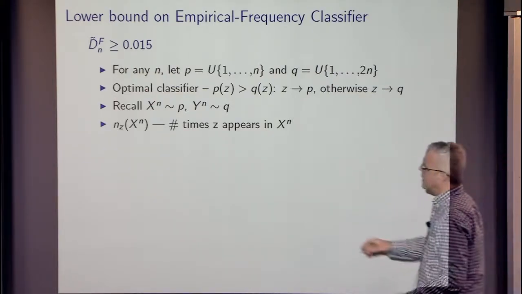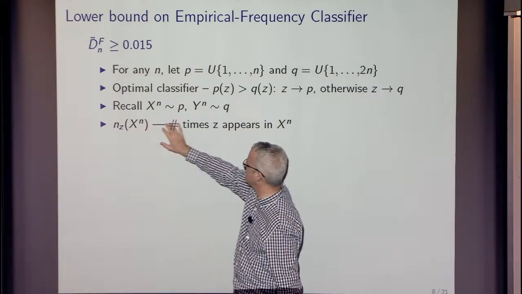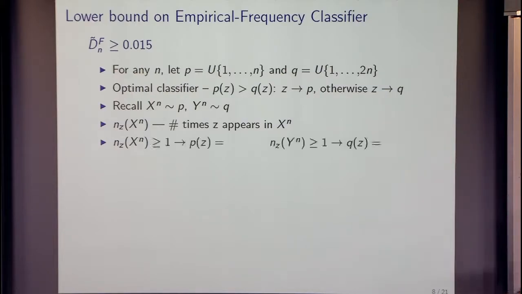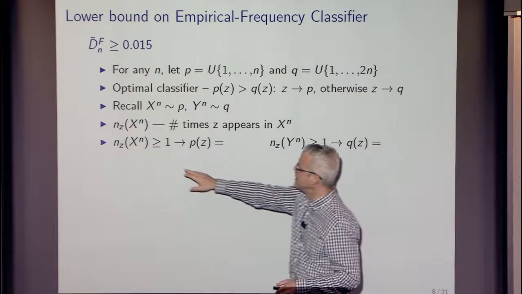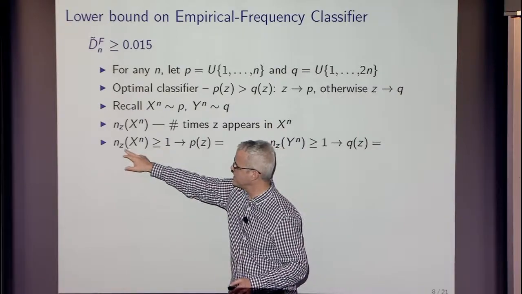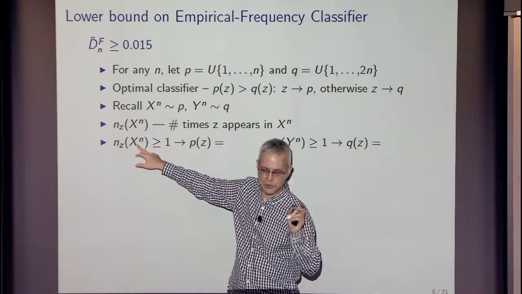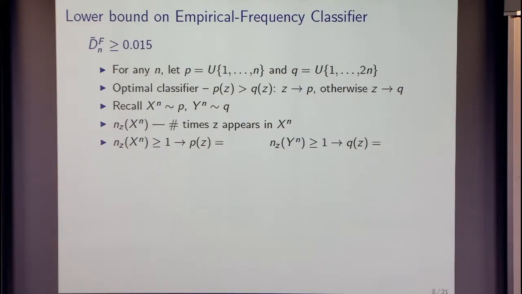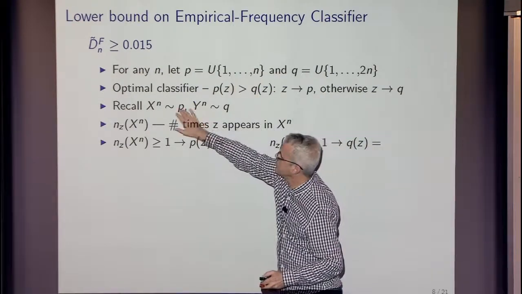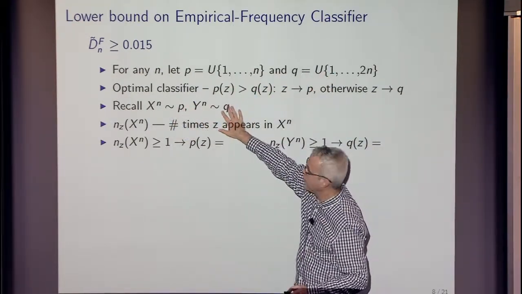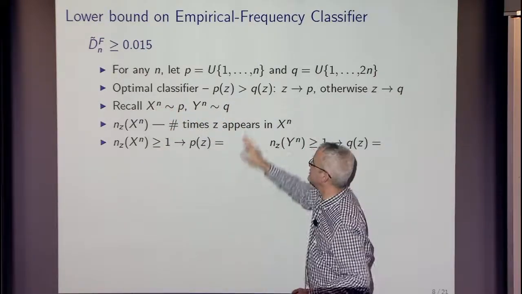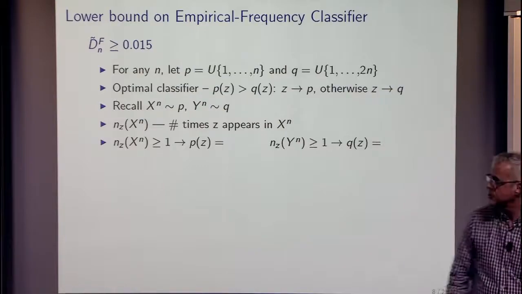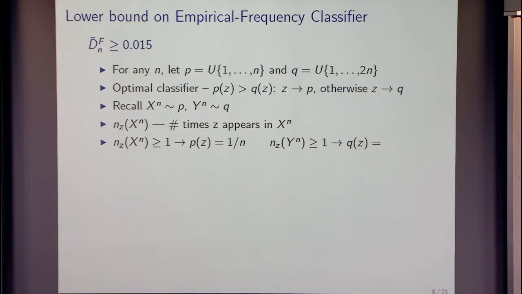So let N_z of X^n, where z is the test, be the number of times z appears in X^n. So if N_z of X^n is bigger than or equal to 1, namely if z appeared in X^n at least once, then what is P of z? Remember, P generates X, Q generates Y, and now someone tells you that z appeared in X, so that means that z is one of those first n elements, and so P of z is 1 over n.